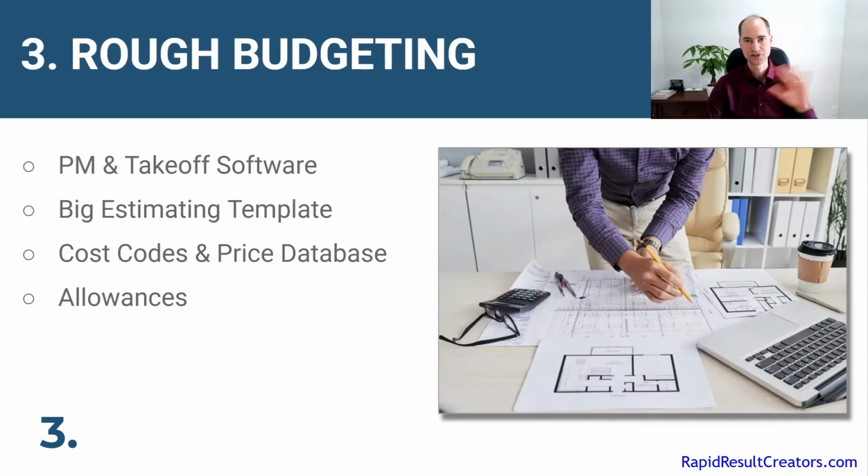For rough budgeting, you're just going to use allowances. So $10 per square foot for tile, or 5 or 15 or whatever. With rough budgeting, you want to keep the pricing very minimal, because this first budget you're going to provide for the client is really just a range to see if they're in the ballpark. You want to keep it low because you don't want to scare off the client.